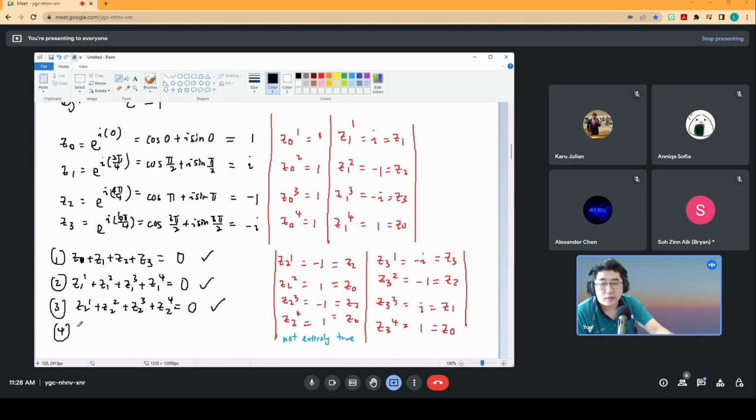Number 4, Z3 power 1 plus Z3 power 2 plus Z3 power 3 plus Z3 power 4. This, of course, is still equal to 0. So it's still true for the sum of all the roots other than Z0. Okay?